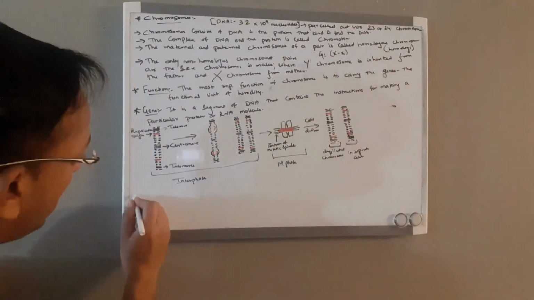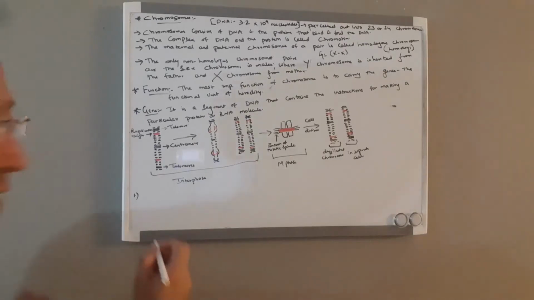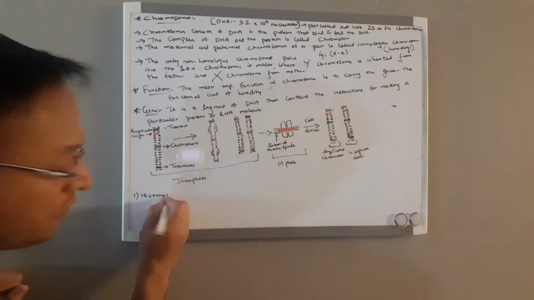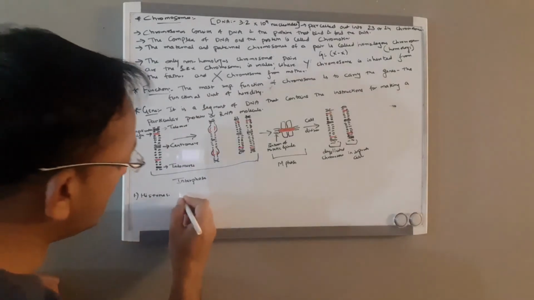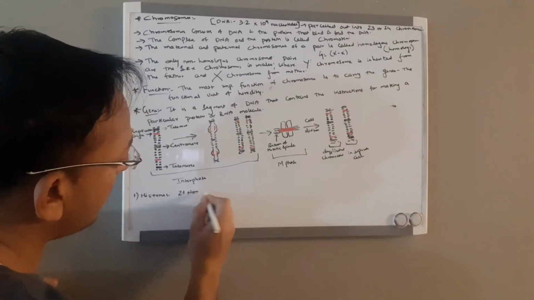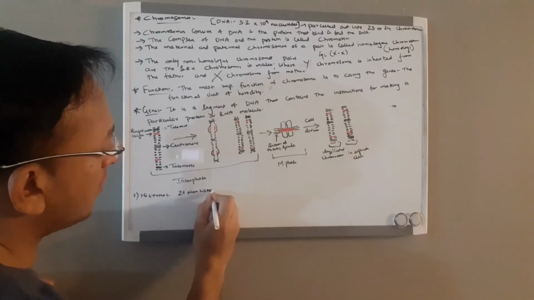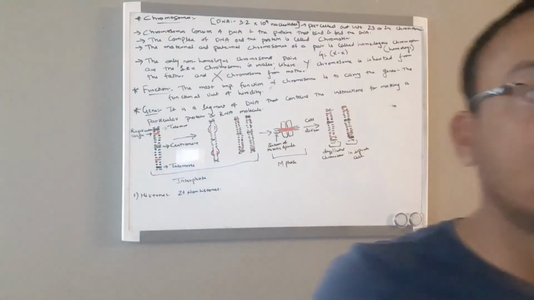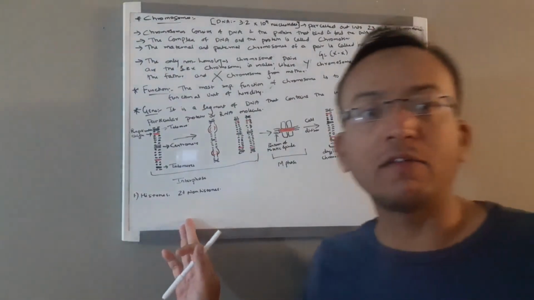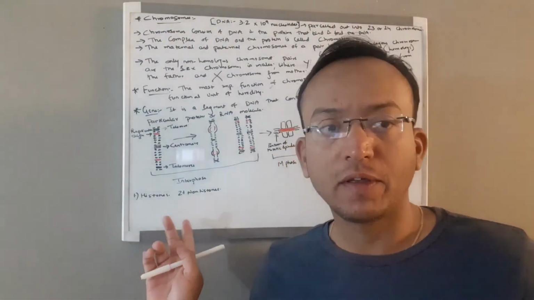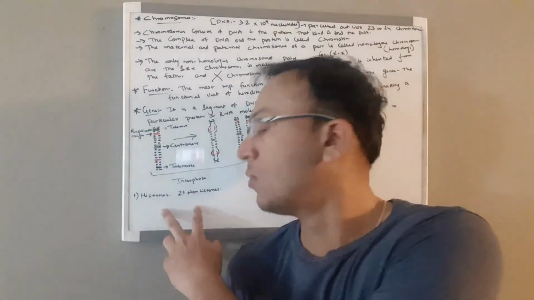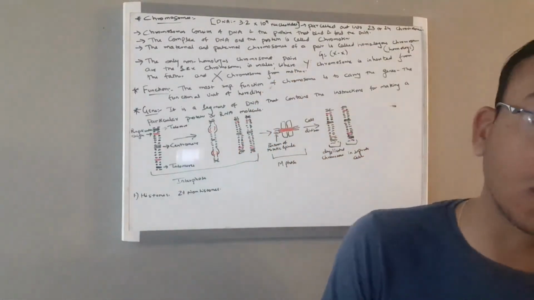The first one is the histones, and the second is the non-histone chromosomal proteins. So these are the two classes of proteins that bind the DNA to form a eukaryotic chromosome, histones and non-histone chromosomal proteins.